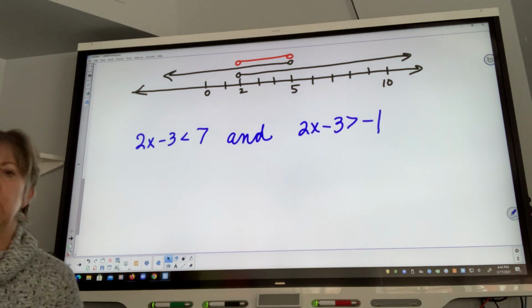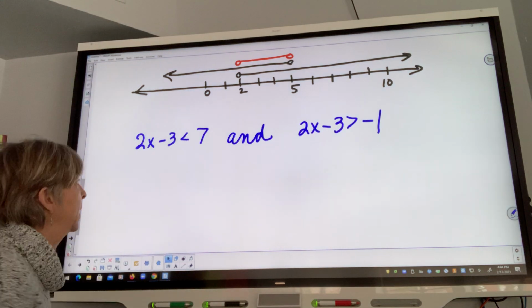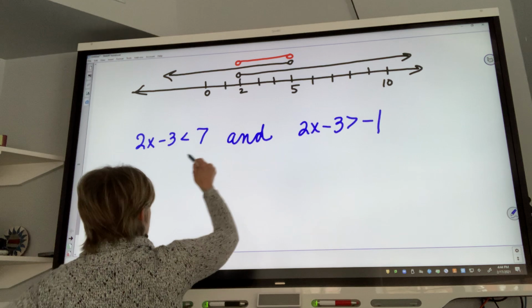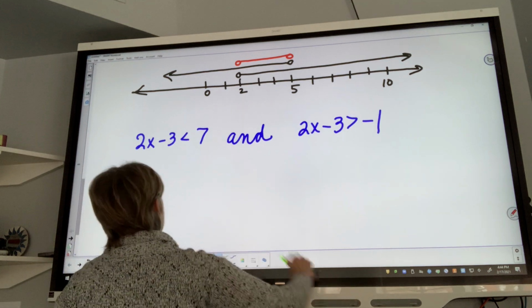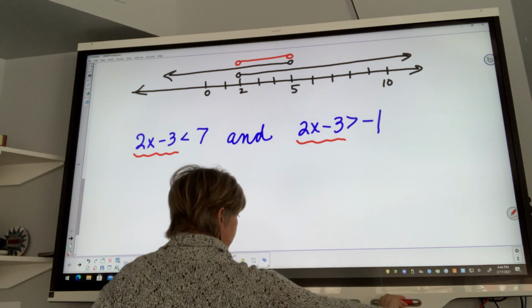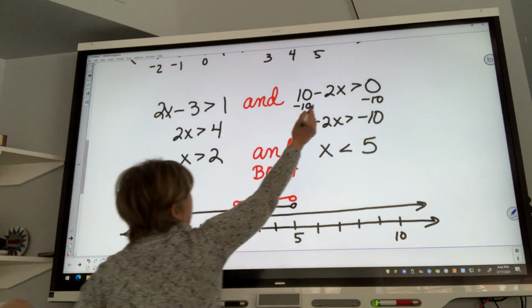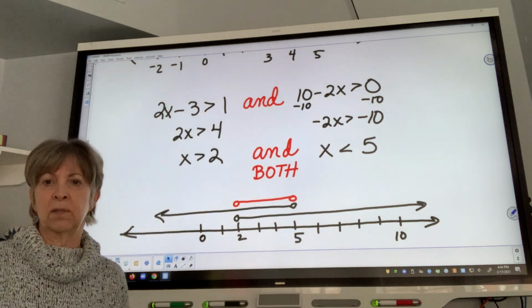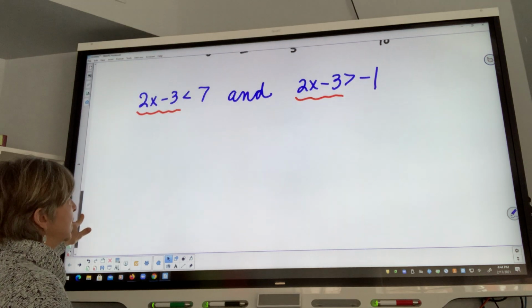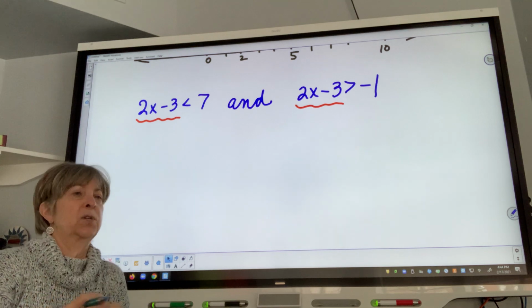I asked this in class, and usually there was at least one person that noticed that in these two inequalities, this expression is the same in this one. Unlike up here, this was 2x minus 3, that was 10 minus 2x. Those weren't the same. But down here, these are the same. But I'm still going to do this, well, I'm not going to do this the same way.